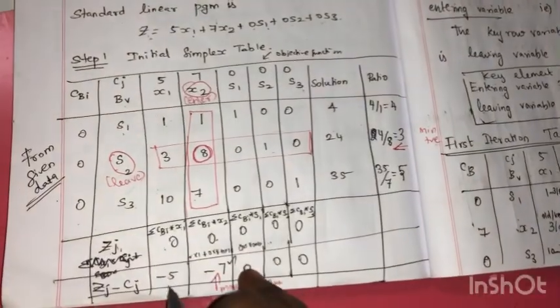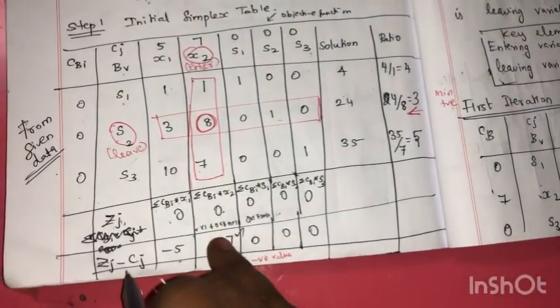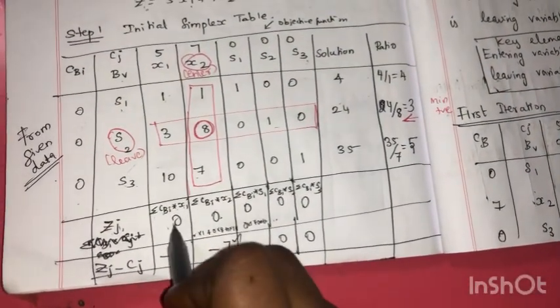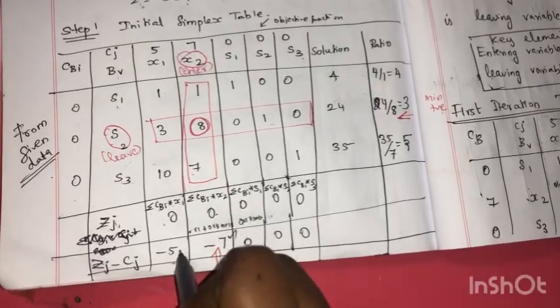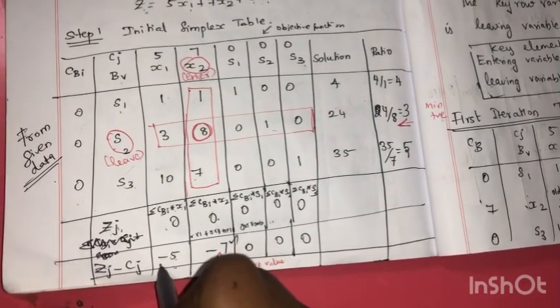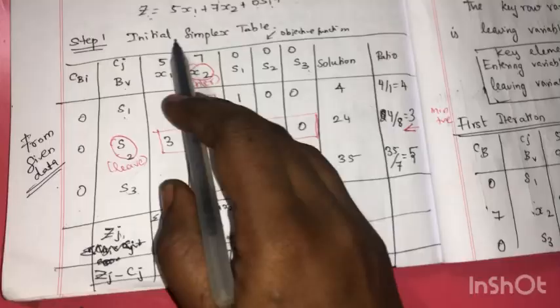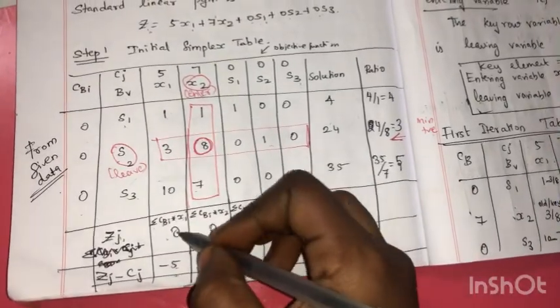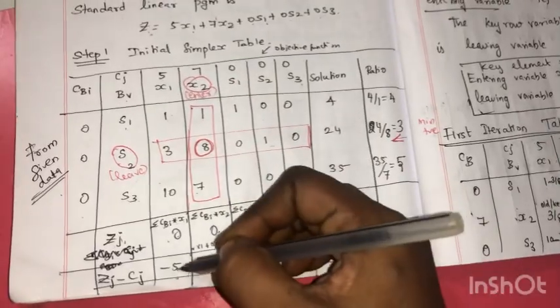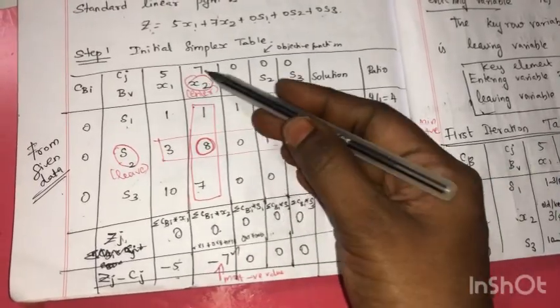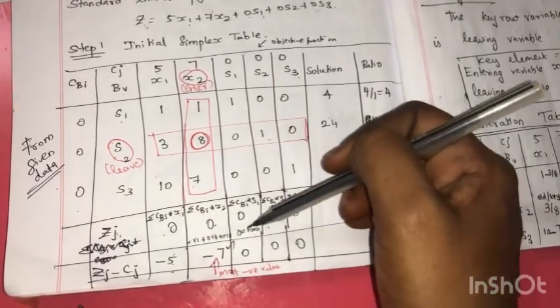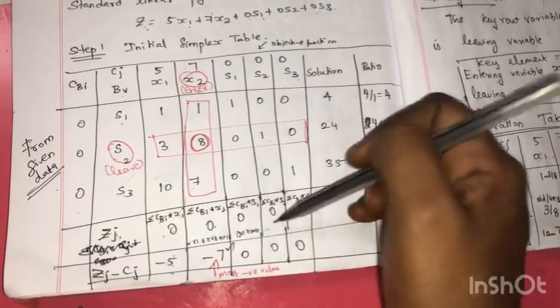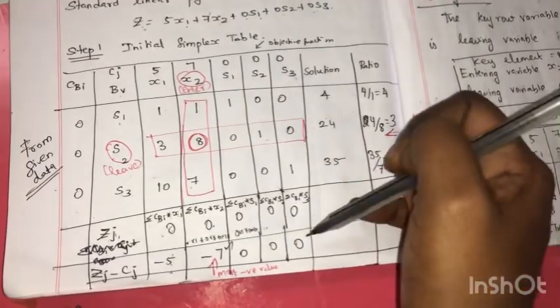Now let's calculate Zj minus Cj. Zj we got as 0, and Cj comes from the initial objective function. So 0 minus 5 is minus 5, 0 minus 7 is minus 7, and 0 minus 0 is 0 for the rest.